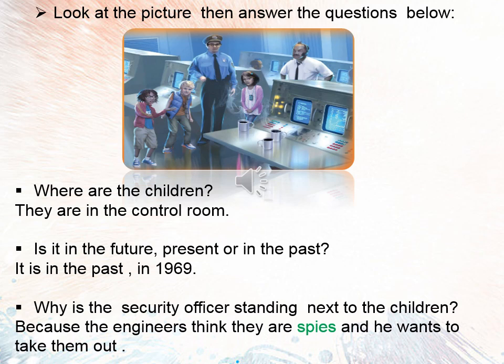Now I want you to look at the first picture in your book and try to answer my questions. What can you see in the picture? Take a quick look and try to tell me what you can see. Excellent.